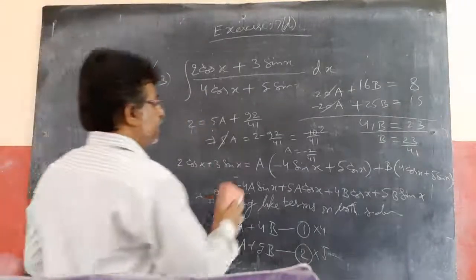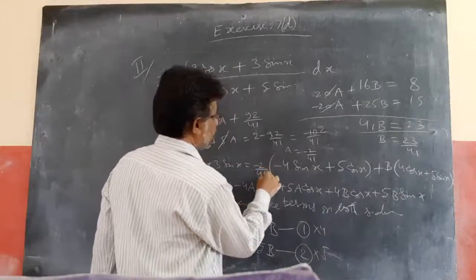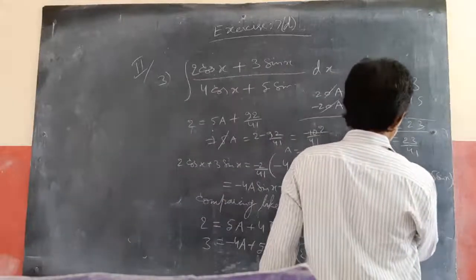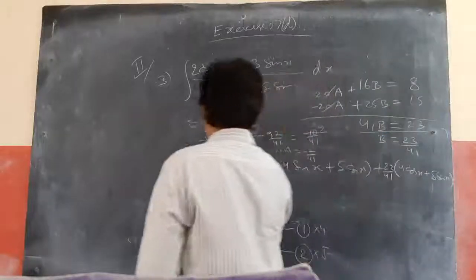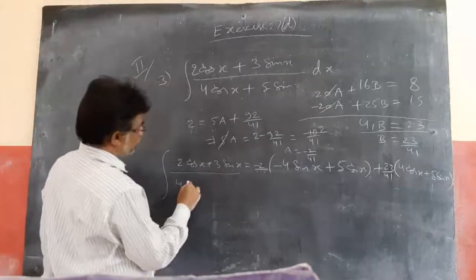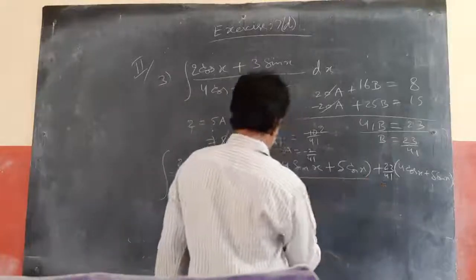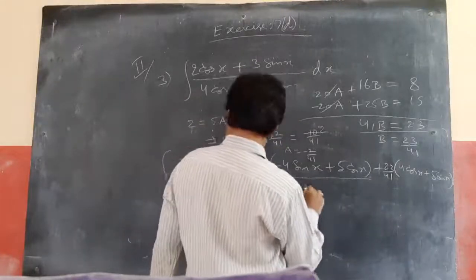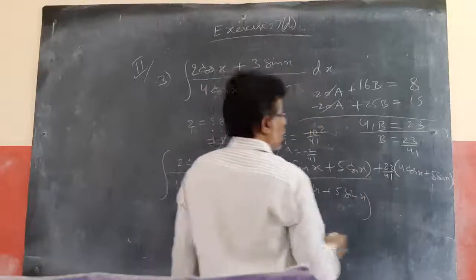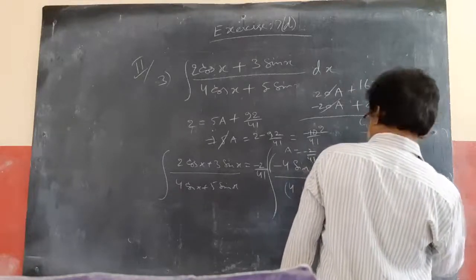So instead of a and b, now I can write the numerator as minus 2 by 41 into this, plus b, which is 23 by 41, into this. Now the integral of this is nothing but minus 2 by 41 integral of (4 cos x plus 5 sin x) by (4 cos x plus 5 sin x) plus 23 by 41 integral of (4 cos x plus 5 sin x) by (4 cos x plus 5 sin x).